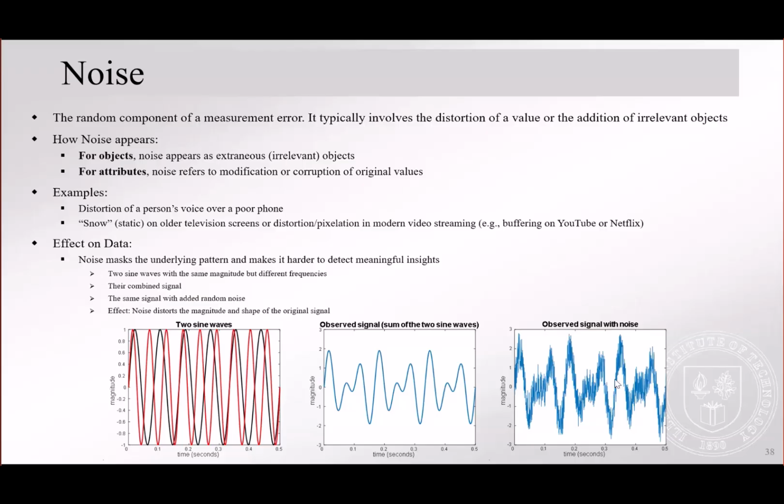Now you can see the signal looks jagged and irregular. The random fluctuations make it harder to identify the original pattern. Generally speaking, this can obscure the true underlying pattern we are trying to find. So the key idea is that noise distorts the original signal's shape and magnitude, which makes pattern detection in data mining more difficult.